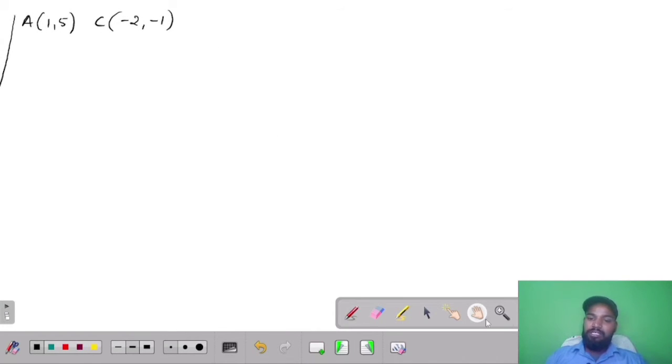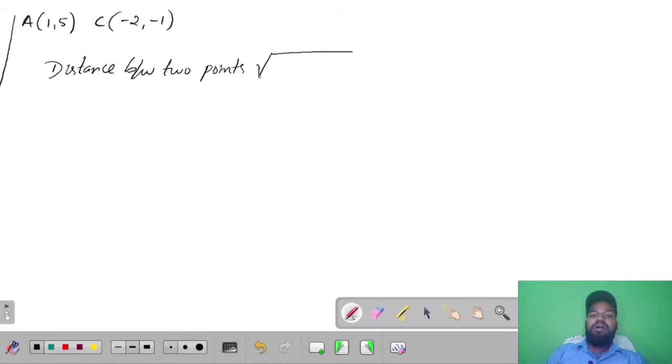So the distance between 2 points equals under root x2 minus x1 whole square plus y2 minus y1 whole square.